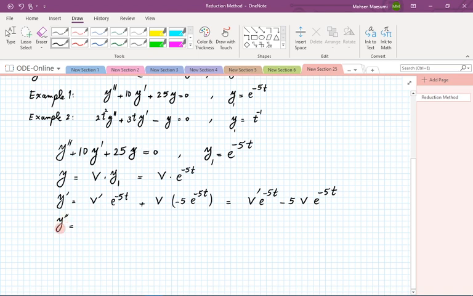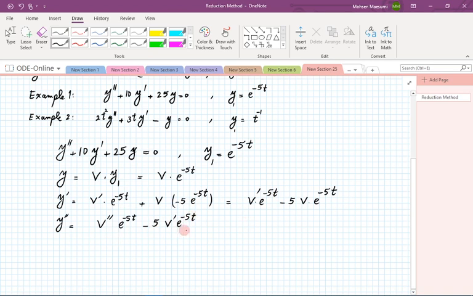Okay, now I have to take a y double prime. I have to repeat this process one more time. Again, I have a product here and here as well. So differentiating this one becomes derivative of first, becomes v double prime exponential of minus 5t. Now we have learned our lesson. When I take the chain rule, I put the minus 5 up front. Then I have v prime exponential of minus 5t.